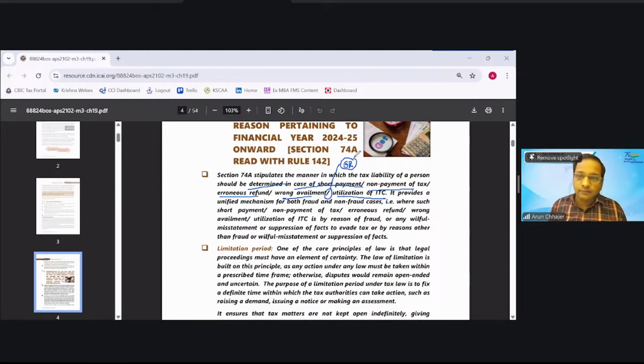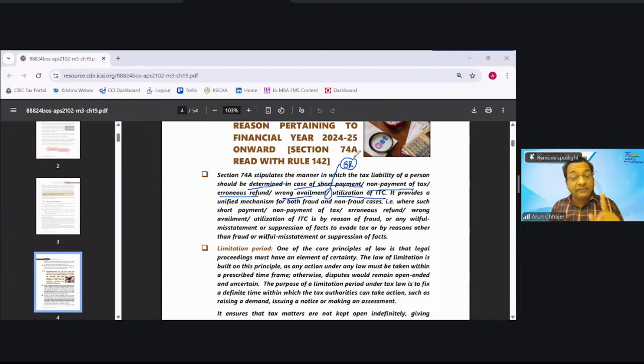Because if you read the interest section, levy of interest, regarding ITC, section 50 subsection 3, they have made a substitution and mentioned the word 'and', availed and utilized, then only the interest would be applicable. If you have only wrongly availed and not utilized, it is lying in your credit ledger, in that case there would be no levy of interest.